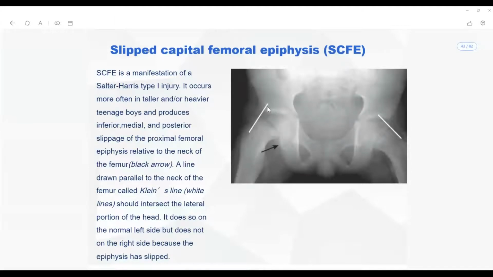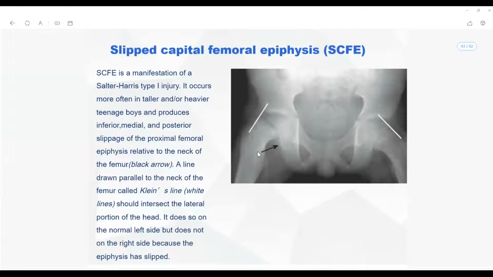In such a situation, you can call it epiphyseal displacement, a complete separation of the epiphysis, which suggests that this is a Salter-Harris type 1.